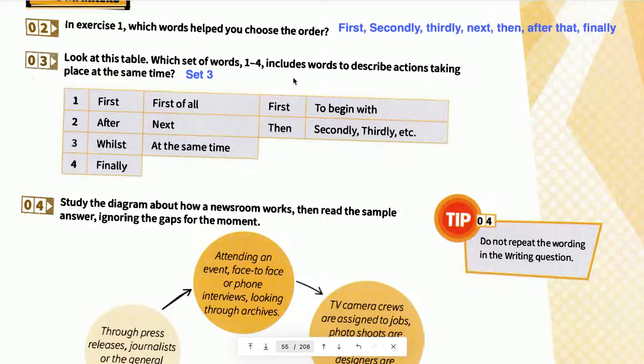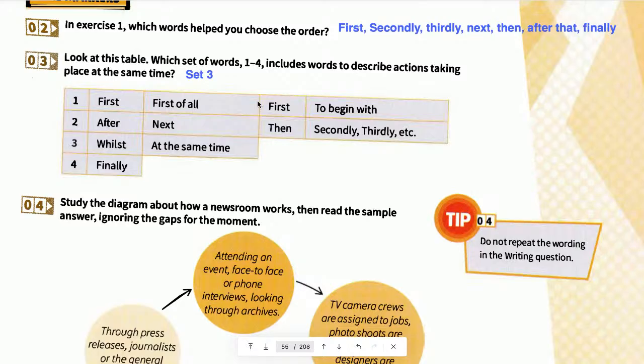Let's have a look at the first set. From the first set, we have first of all, first, and to begin with. Do you think that this set includes words to describe actions taking place at the same time? No. They just want to say, first something happened, right? Not many things happen at the same time.